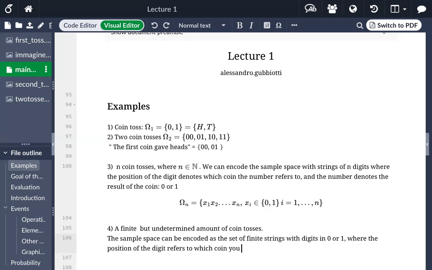Where the numbers refer to the outcome of the coin toss.